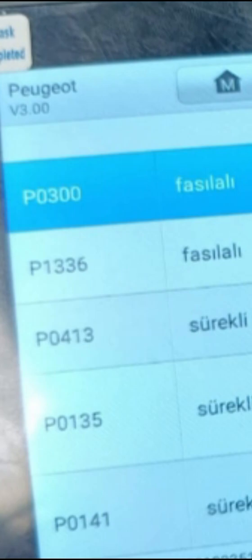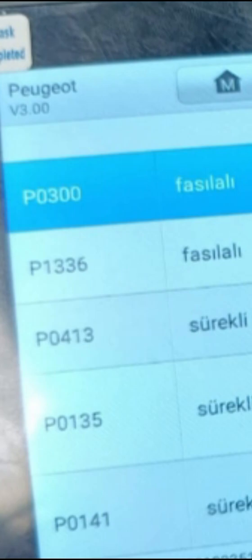But because the definition is not available, I only used the error code, checked online, and it showed downstream oxygen sensor. I didn't bother to check what it's trying to explain. If it was PP2000, it would tell you exactly what it means, whether it's saying that the catalyst is faulty. Just because it shows oxygen sensor does not mean it's saying the oxygen sensor is bad. It could be the oxygen sensor is actually reporting that your catalyst is faulty or blocked.